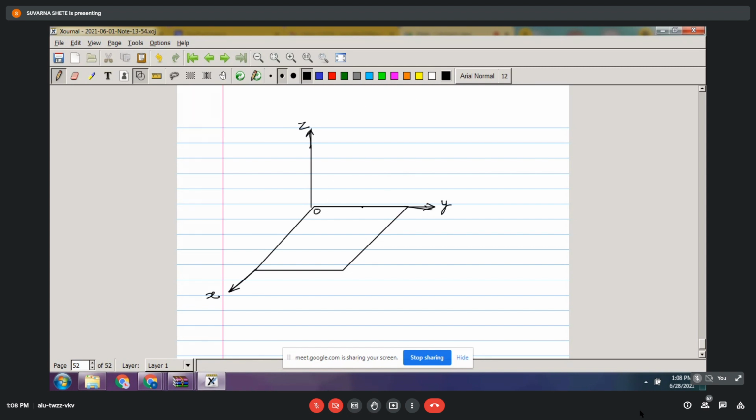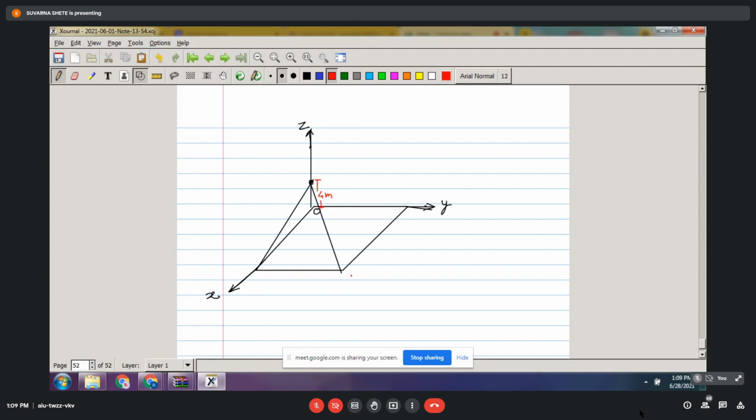This is, suppose, the origin. Then there is one point A. These are the two cables tied at point A, which is lying on the z-axis. The height of A with respect to the origin is given as 4 meters.